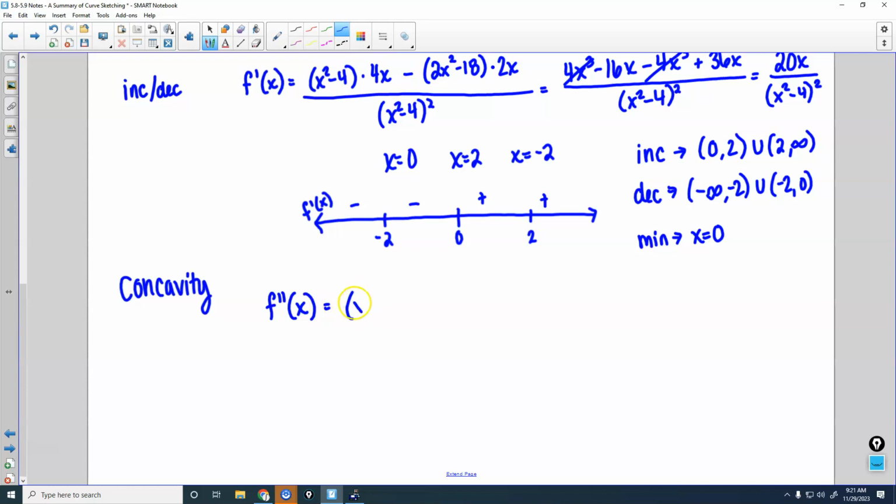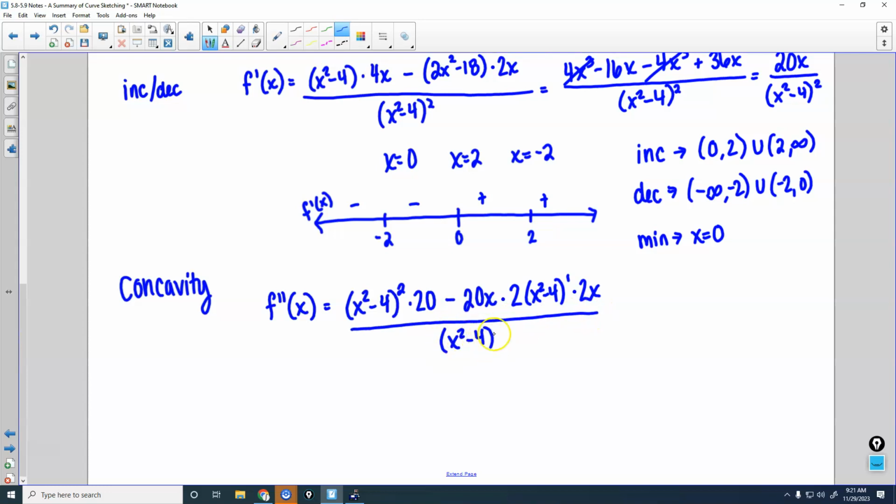So we will have x squared minus 4 squared times 20 minus 20x times 2 times x squared minus 4 to the first power times 2x, all over x squared minus 4 to the fourth power, because you will have that squared.